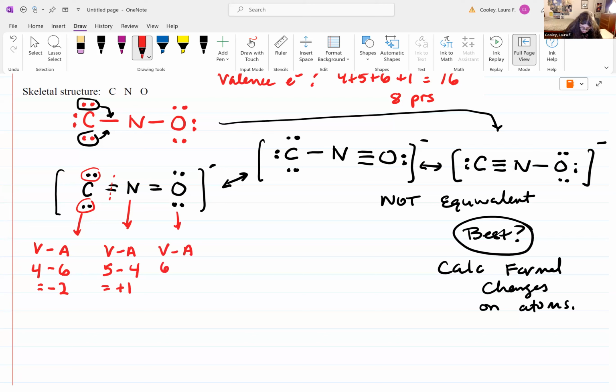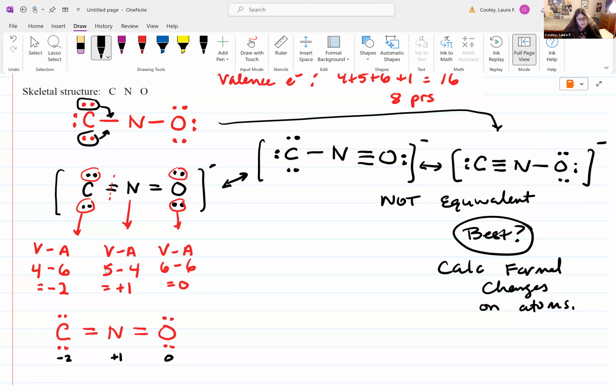What's the actual? 1, 2, 3, 4. Half of each of those is 5, 6. That's 0. So if I was going to write this with its formal charges, it would be -2, +1, and 0.